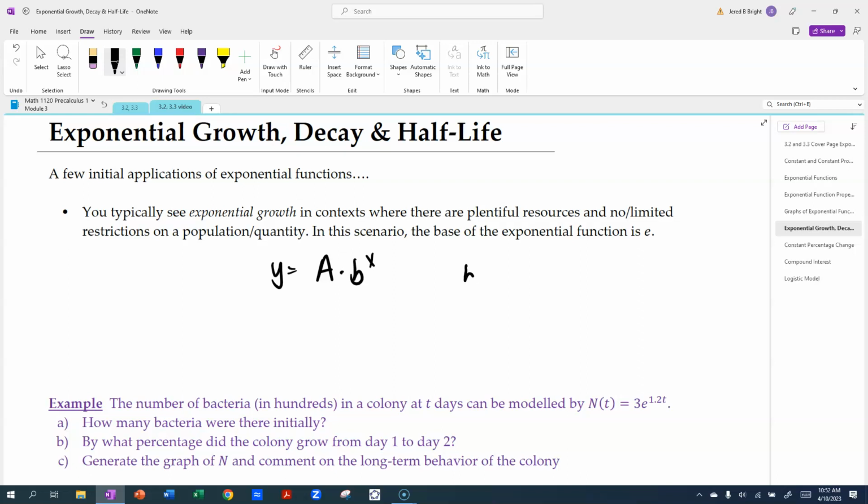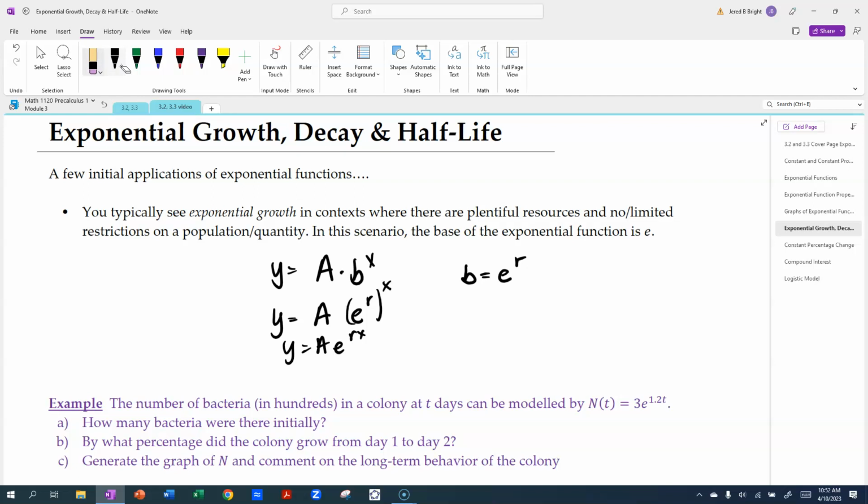In these contexts, we let b equal e to the r. And then we'd have a times (e to the r) to the x. If we have an exponent to an exponent, we multiply the exponents. It'd be a e to the rx.